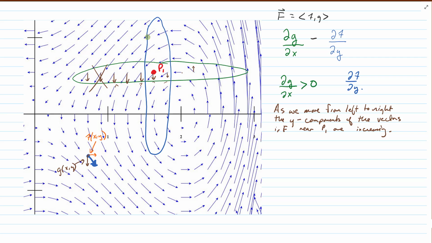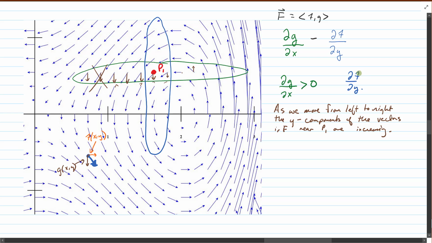We're looking at partial f, that's the x component of the vector over here. So we're asking how is the x component of the vector changing as our y values move from bottom to top? Notice over here, we've got a positive x coordinate. There it's 0. There it's slightly negative. Here it's more negative, more negative, even more negative, and further as we go up that swath.